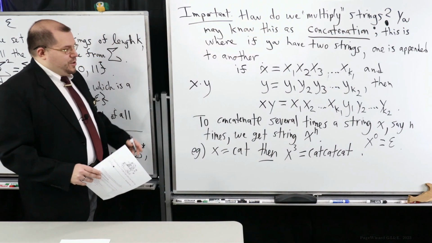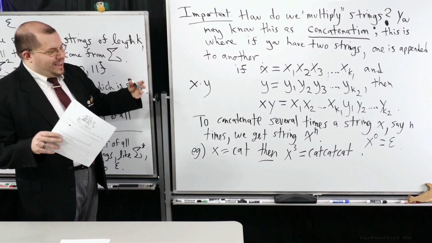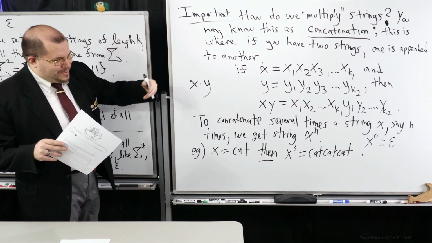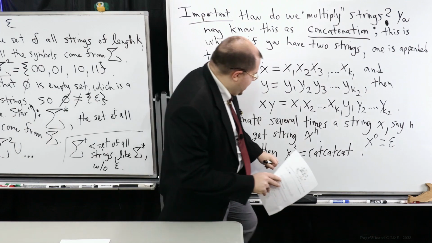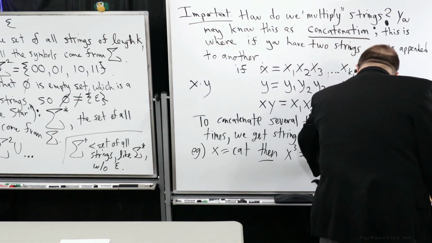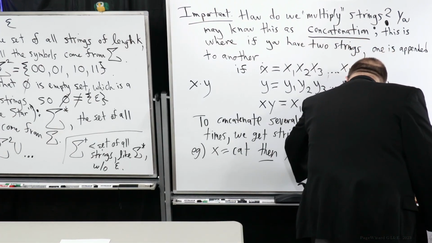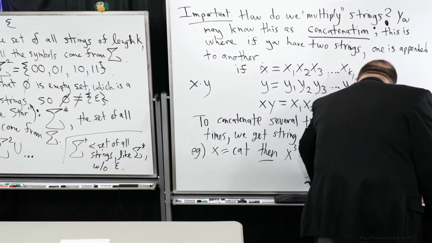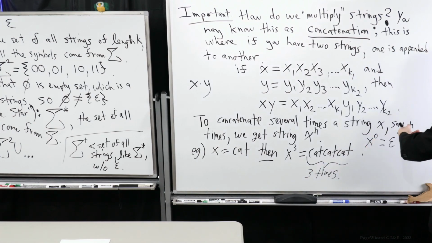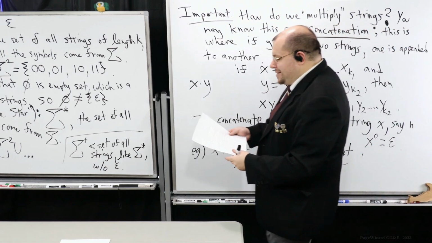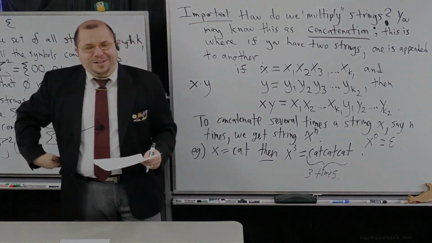So I concatenate it no times, as in I have the string and I write it out that many times. If I have x cubed, that's writing out cat 3 times. If I write it out no times, then there are no symbols. So just a fun little exploration of these concepts.